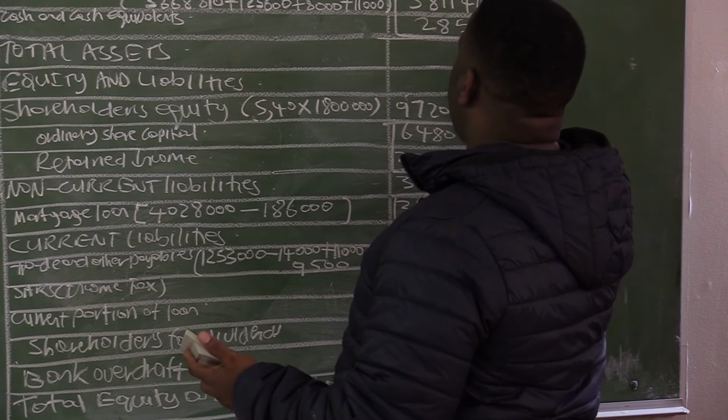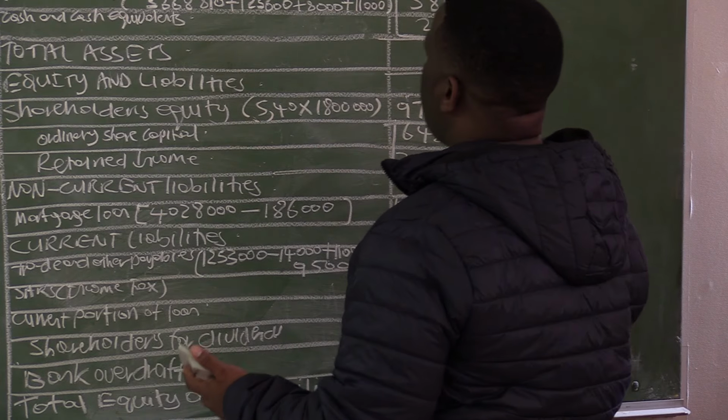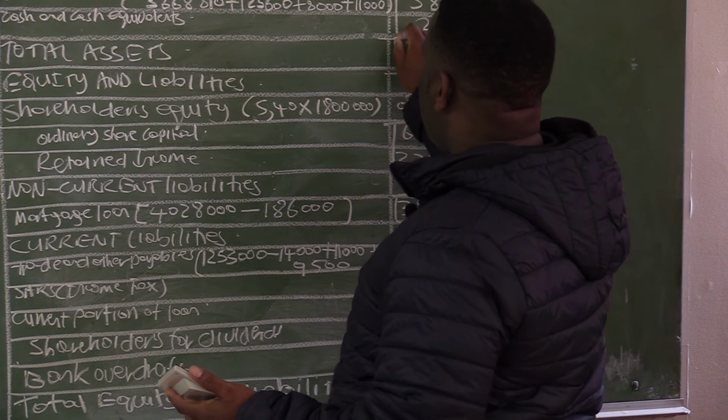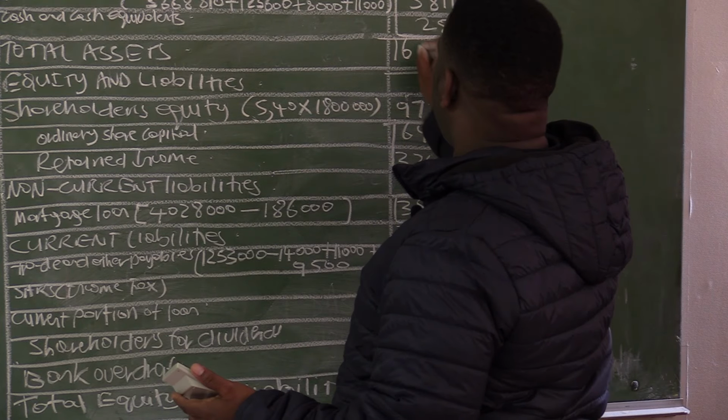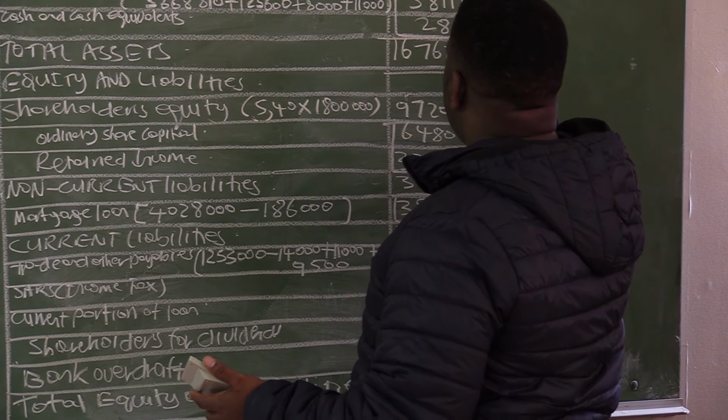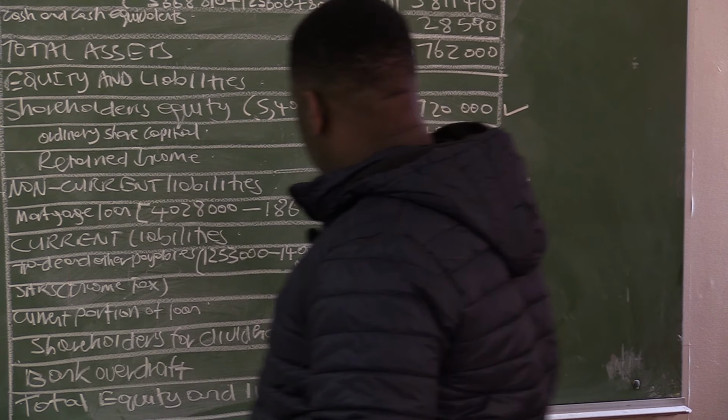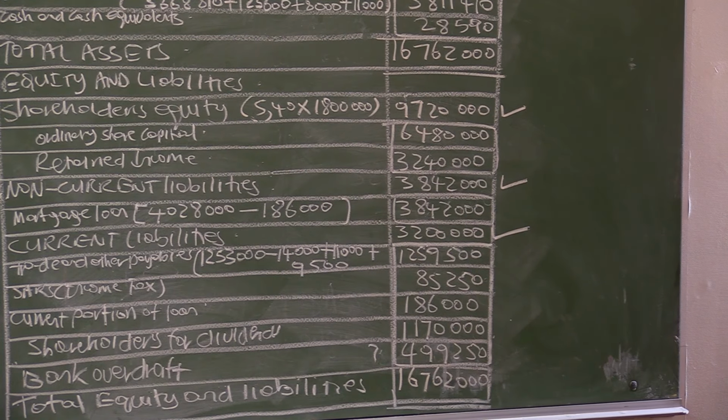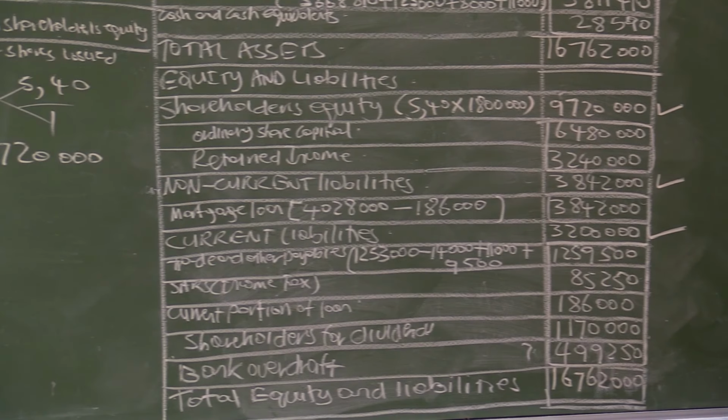And then the total equity and liabilities should be the same as the total assets, so the total assets will be 16,762,000. So this is the balance sheet, the statement of financial position.